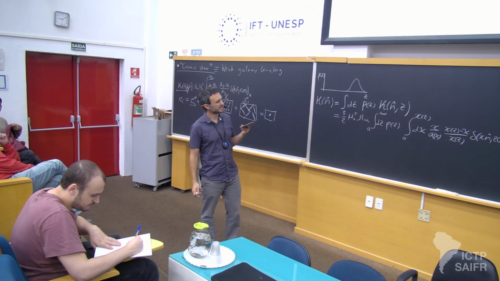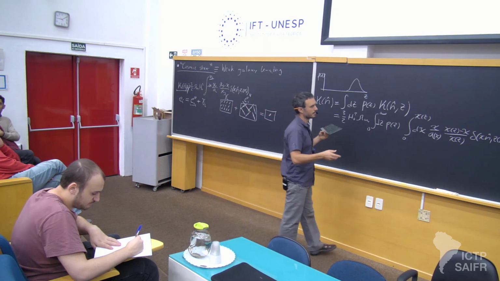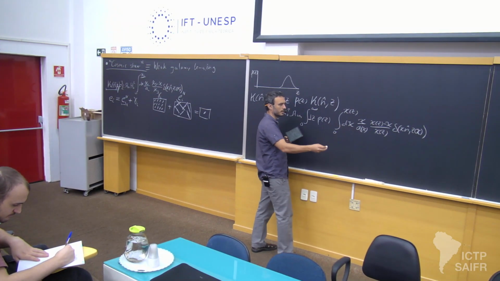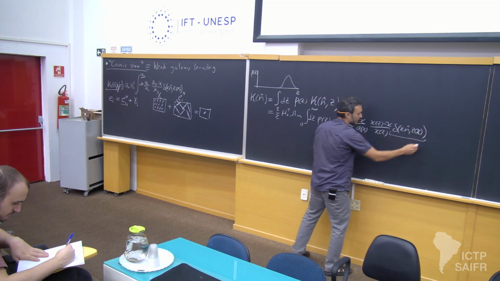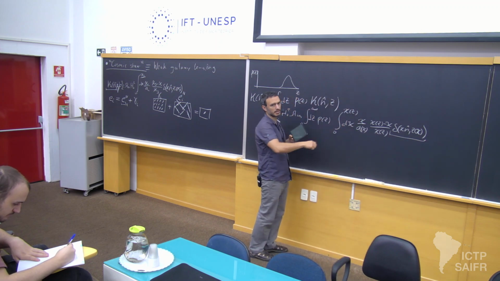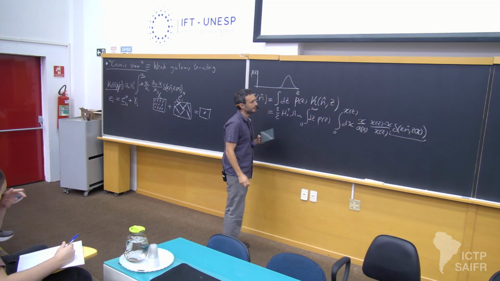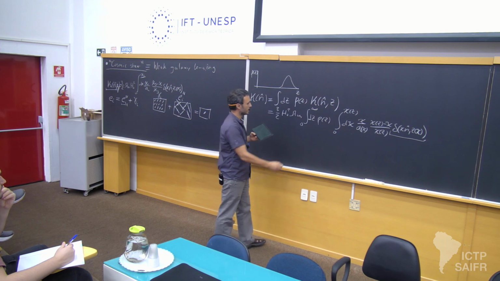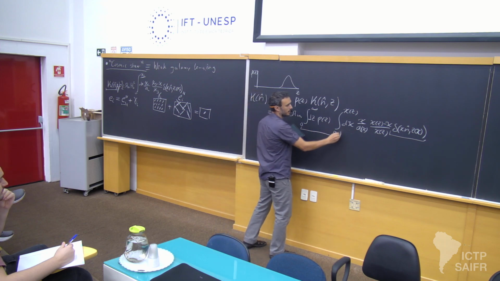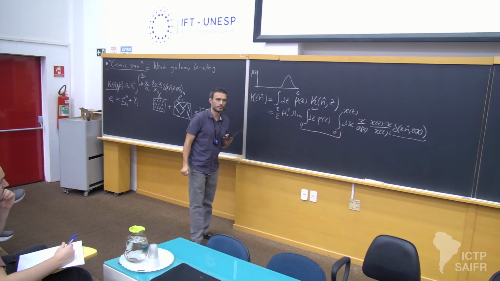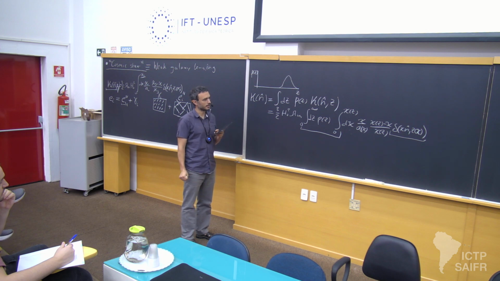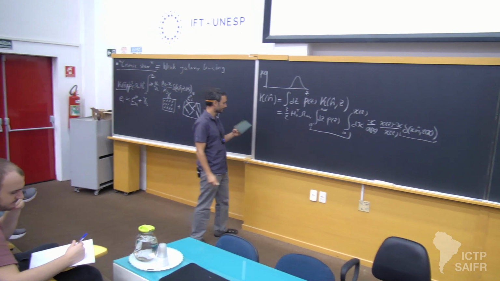The problem with this expression is that if we want to eventually make a theoretical prediction for this, it's kind of annoying because the quantity we care about, this one, is embedded in two different integrals. So instead, what we can do is change the order of integration. And this is something that you learn to do in the first year of maths, if not earlier, so I'll let you do that yourselves as a problem.